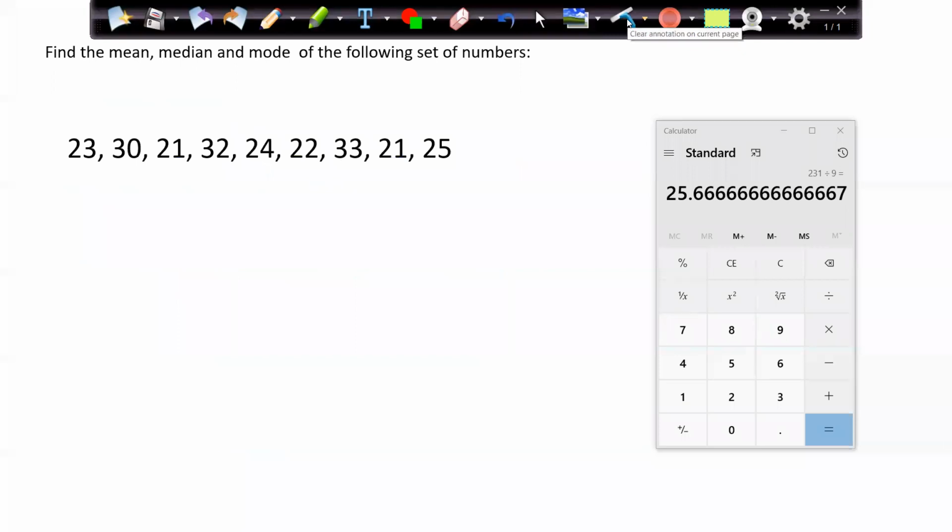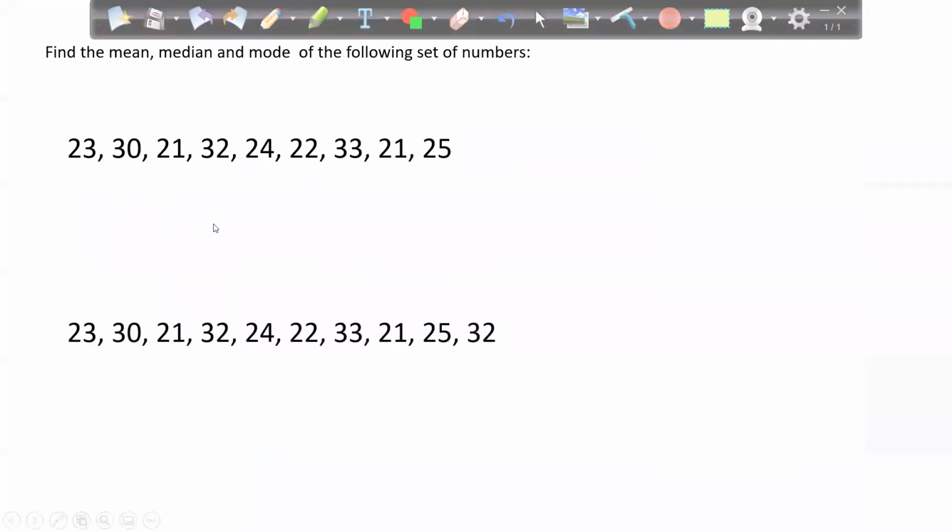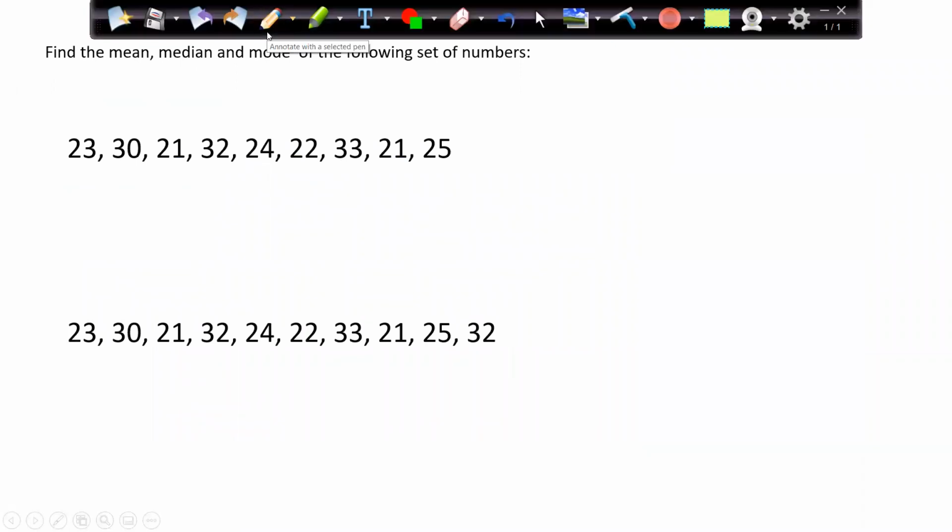But what if my data has an even number of records? Now here you can see 1, 2, 3, 4, 5, 6, 7, 8, 9, 10 records are there. I have to sort the data first.